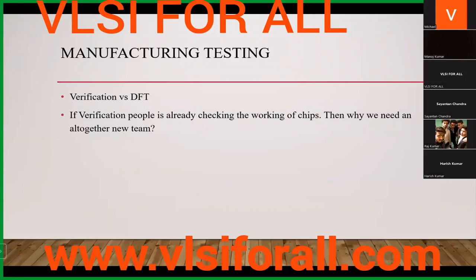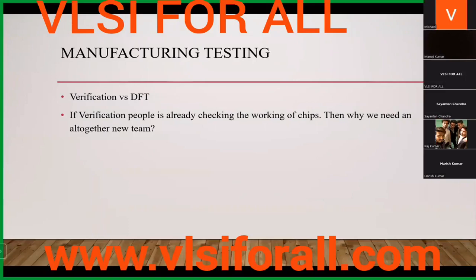What is it that DFT people are giving? Because any team should be relevant. If you are in a company, you should be relevant, otherwise no one will invest in you. So we should be giving something different from verification people, or not different as such, but some benefit.